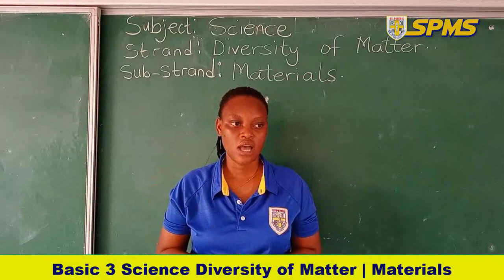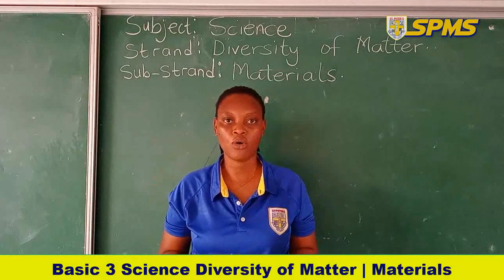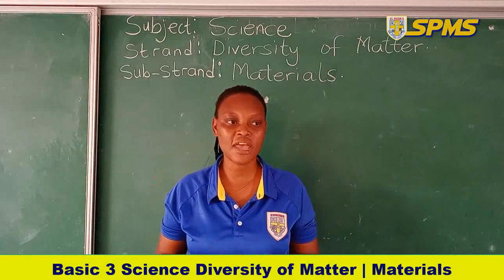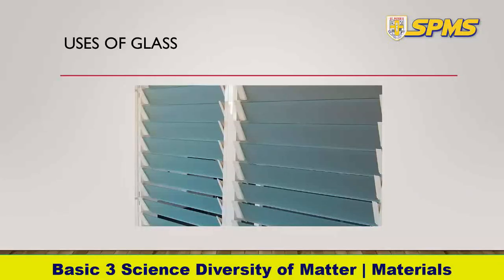Good. Our first example of an object that can be made from glass is the louver blades or the louver frames. This is very common when you come to school. It is everywhere around us. Even in your homes, you have the louver frames called the blades.